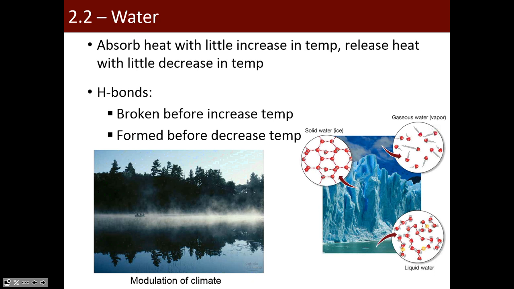Because again, that heat's going to go to breaking bonds before it goes to increasing molecular speed. Likewise, it can receive a lot of cold temperature from the atmosphere before the water actually starts to cool or turn to ice. And that's because we use that energy to slow down the molecules, and then we make the hydrogen bonds that would convert it to solid. Okay. So hydrogen bonds are going to be broken before temperature increases and formed before temperature decreases.